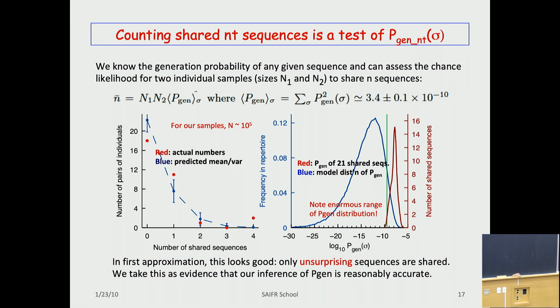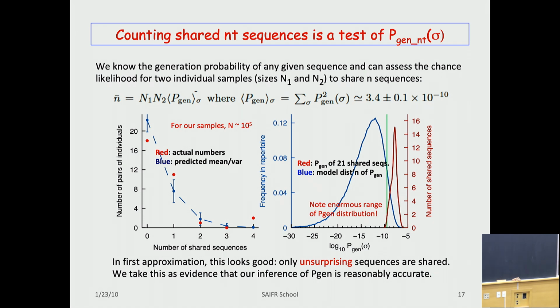So roughly, it is an integral over the square of the probability distribution that tells you the probability of finding pairs. If you had three samples and you wanted to know the mean number of cases of something present in all three, you'd be doing a sum of the cube of the probability distribution, and so on and so on.